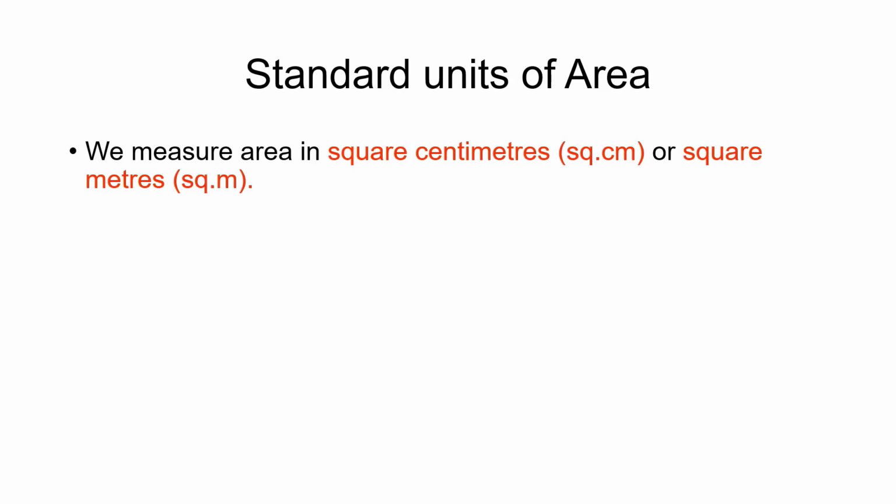The areas of big spaces like a playground is measured in square meters. The areas of very big spaces such as villages, towns, cities and countries are measured in square kilometers. Generally, in mathematics, we deal with square centimeters and square meters only.